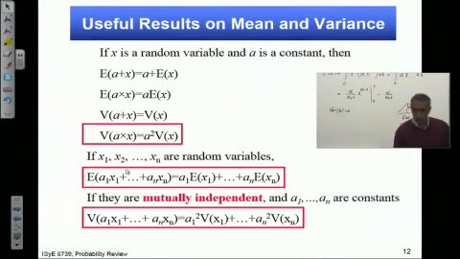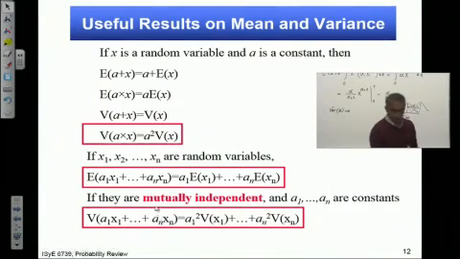If I have some random variables, that's also important. We use it a lot. The expected value of a linear combination of random variables is the same linear combination of expected values. There is no assumption. It's always true.